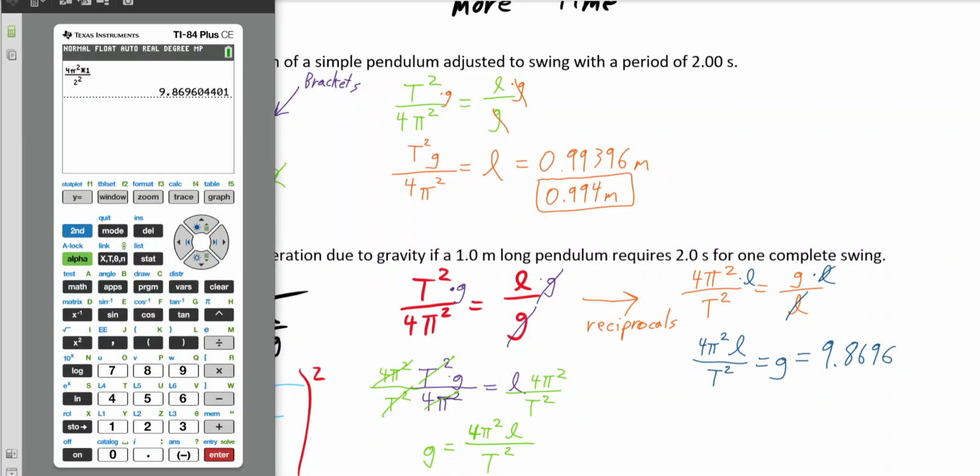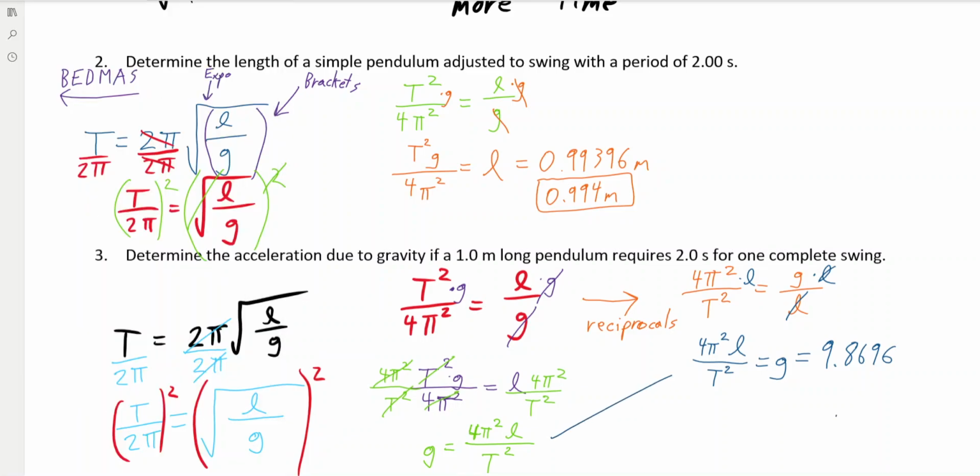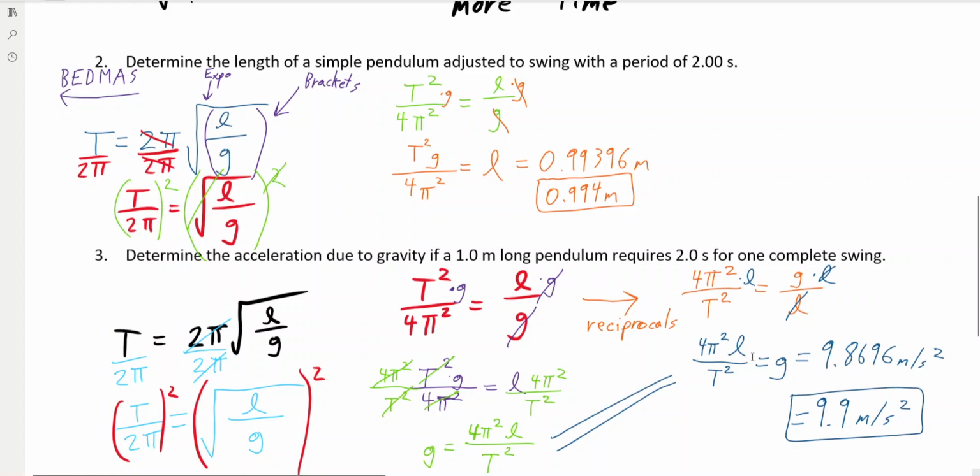I think that's right. Okay, and that again comes from either one of these. These are the same as each other, they're equal, and that's meters per second squared. But we want to simplify to 2 sig digs, so 9.9 meters per second squared. And that would be our final answer.